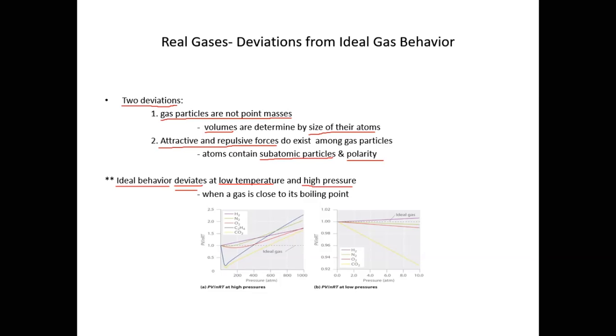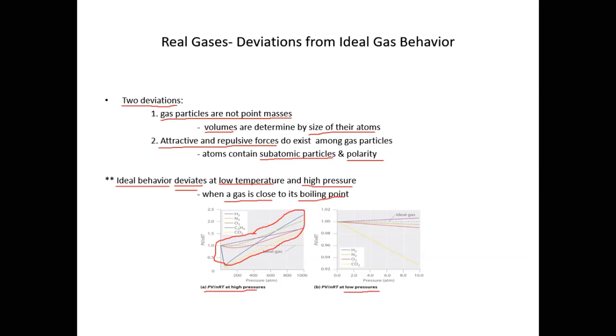And in general, the closer the gas is to the boiling point, the more it's going to deviate from ideal gas behavior. So in this first graph, we have gases at high pressures, and this little black dotted line represents an ideal gas. And you see that all these gases deviate significantly from ideal gases. And again, this is at high pressure.